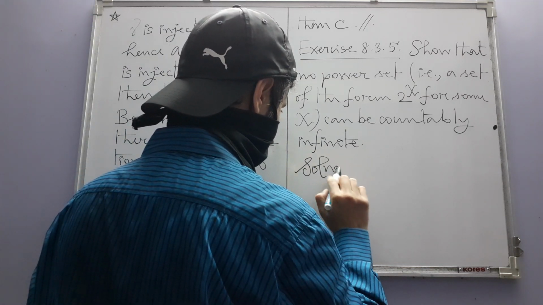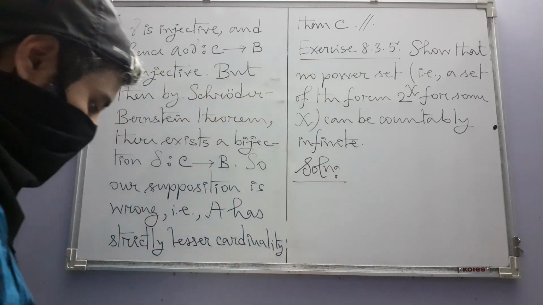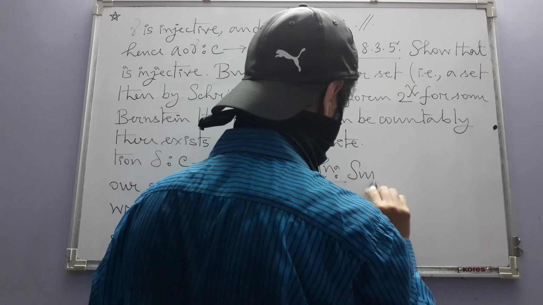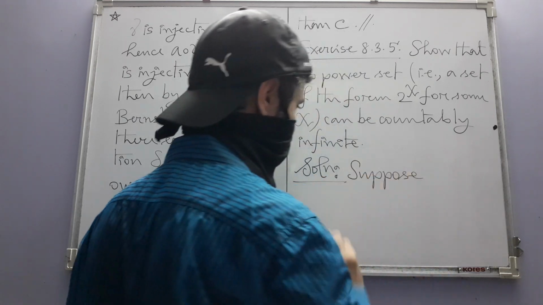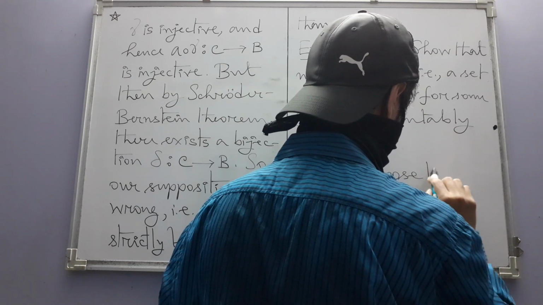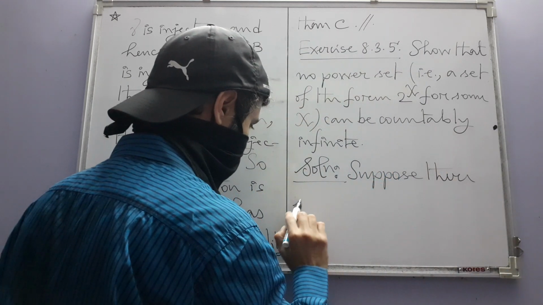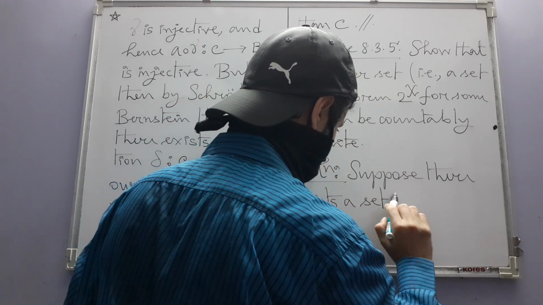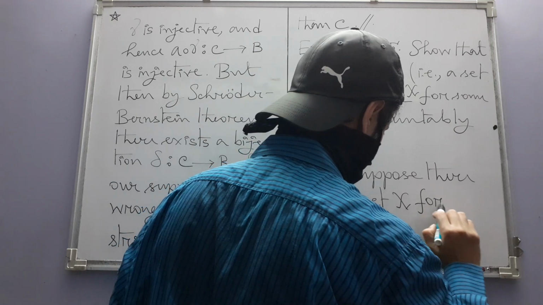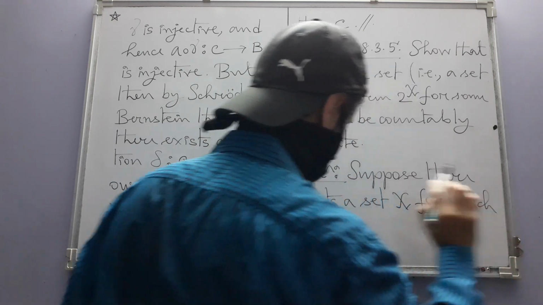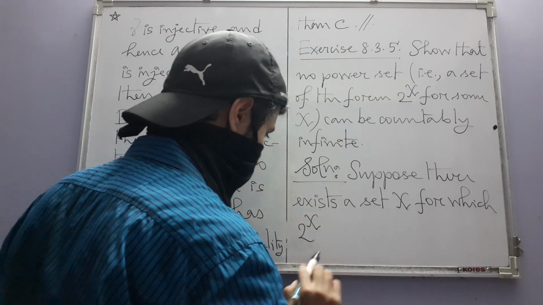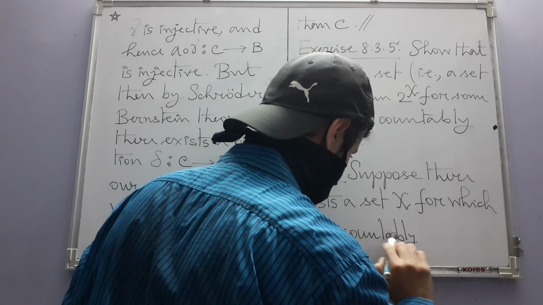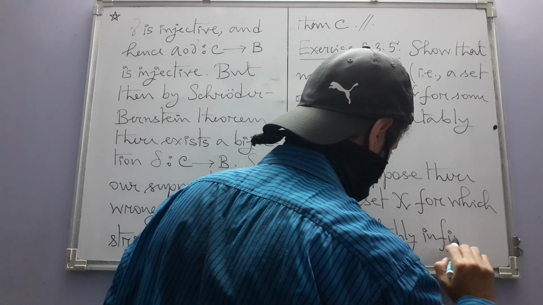And the proof is, of course, by contradiction, and the proof goes like this. Suppose the opposite. Suppose there exists a set X for which its power set is countably infinite.